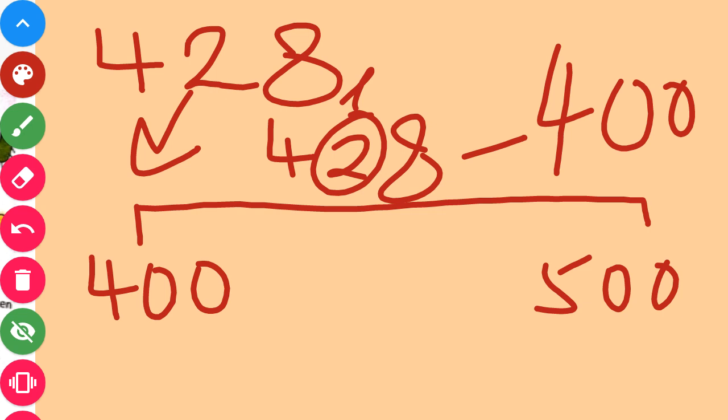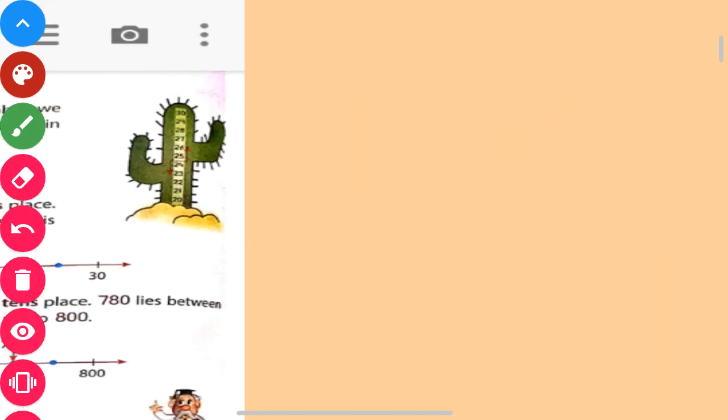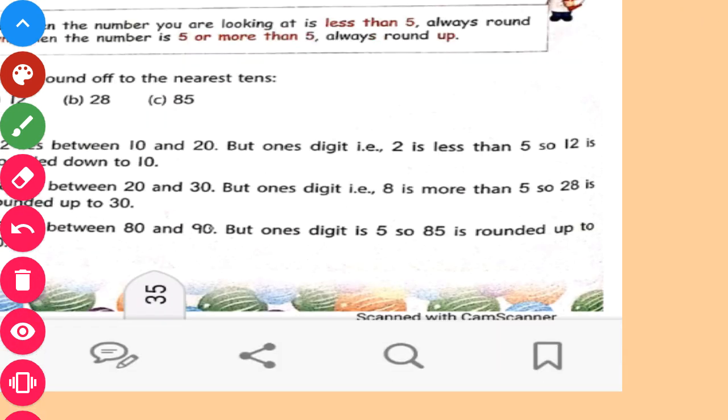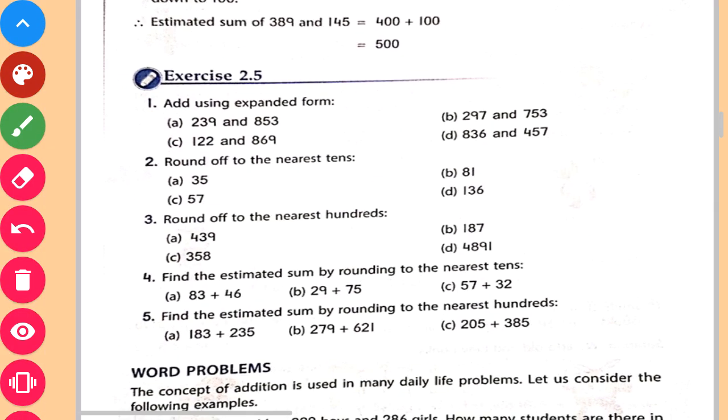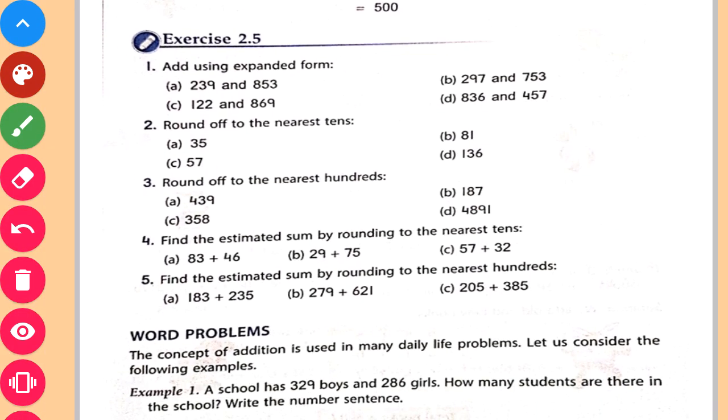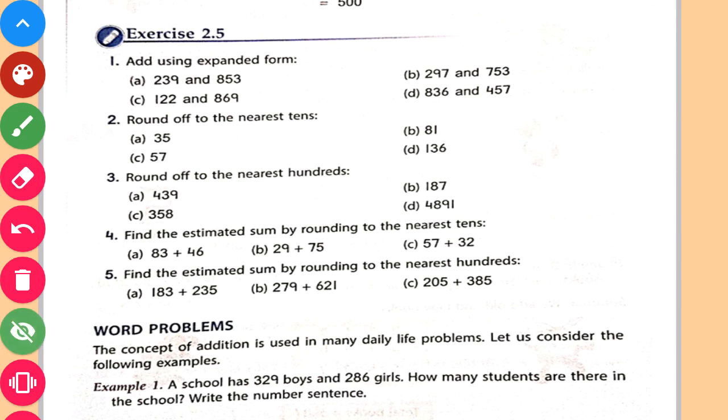Now let us move toward our book exercise. Here. So kids, exercise 2.5. Question number 1 we have already done. Now moving toward question number 2. Question number 2. Round off to nearest tens.